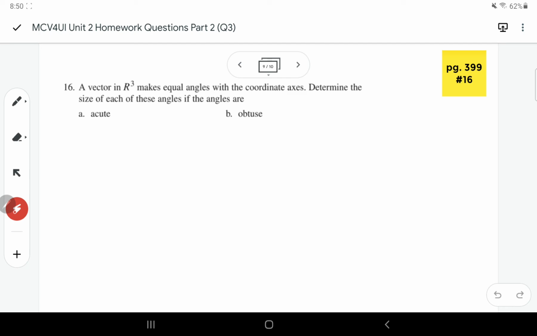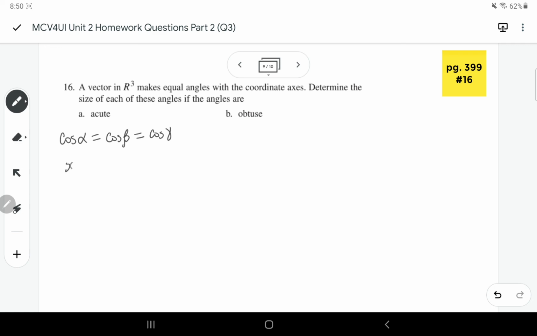A vector in R3 makes equal angles with the coordinate axes. Determine the size of each of these angles if they are A, acute, or B, obtuse. So here, we could say that cos alpha would equal cos beta, which would also equal cos gamma.